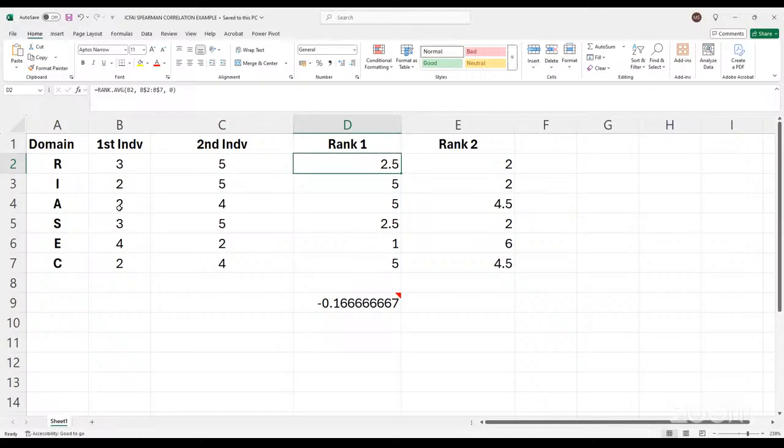Fourth position is 2, another 2. 4 plus 5 is 9, plus 6, that will be 15. And 3 times 2 are there. 15 divided by 3, that will be 5. Now you will get 5 three times. This is clear to all of you. This is called the tied rank.